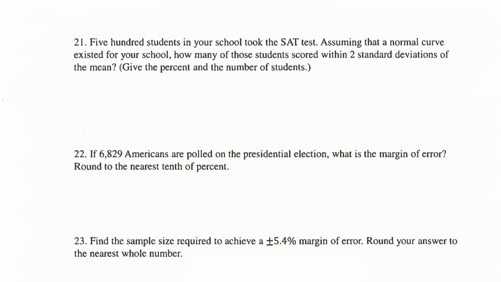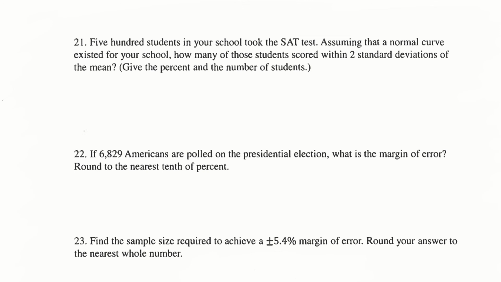Okay, right here with number 21, this is another way to ask this type of question. So 500 students in your school took the SAT test. Assuming a normal curve, so that's what we are looking at when we're looking at a normal distribution. How many of those students scored within 2 standard deviations?